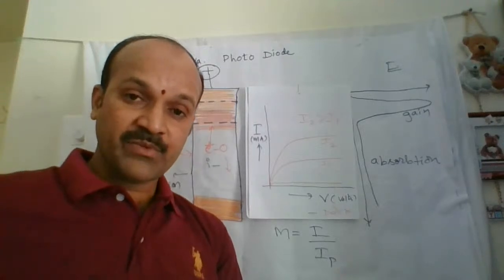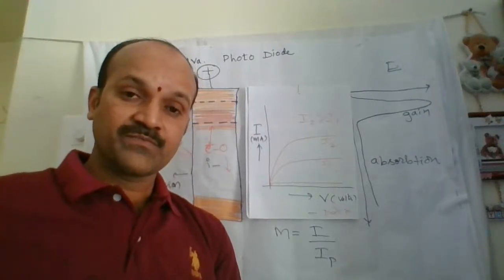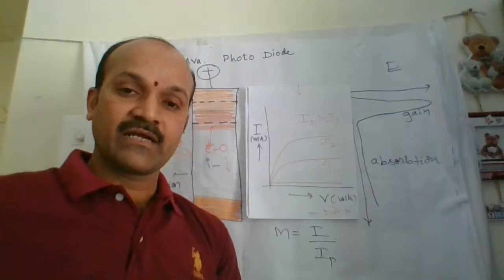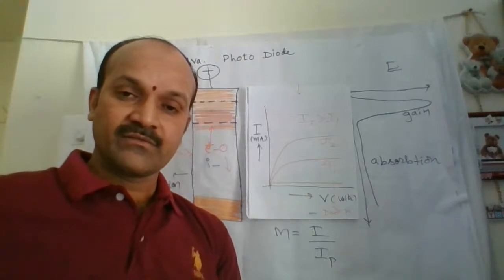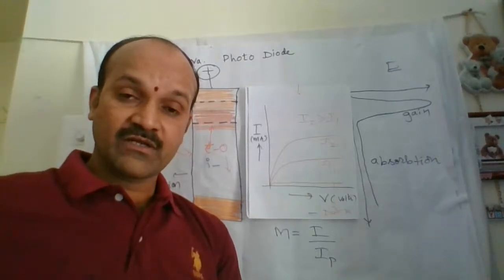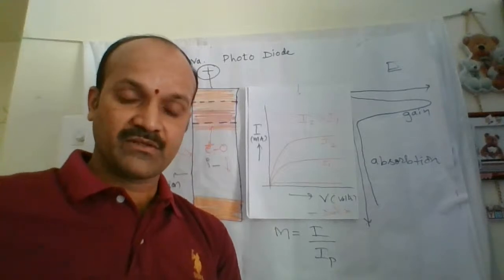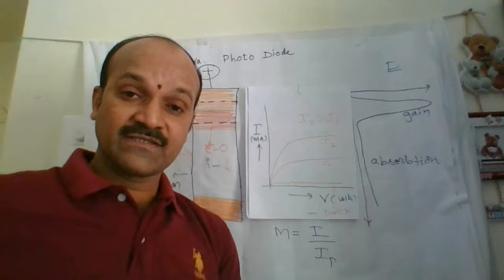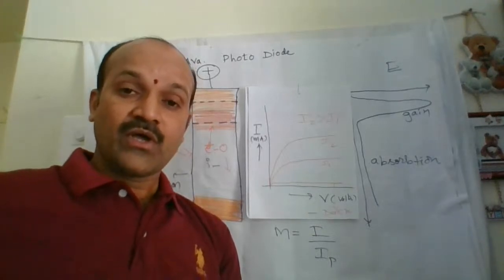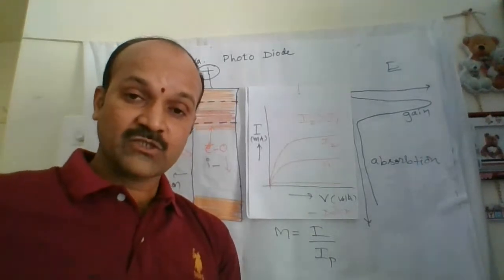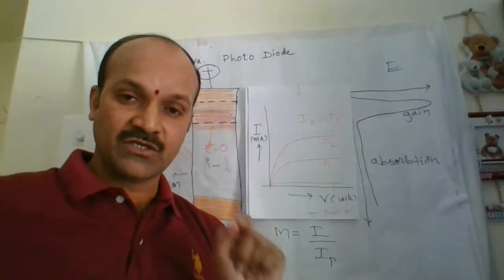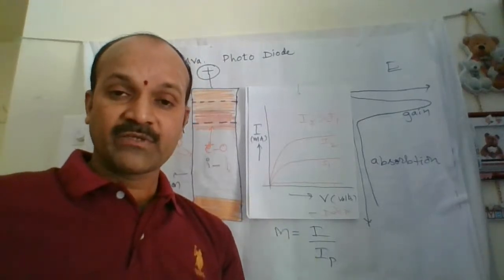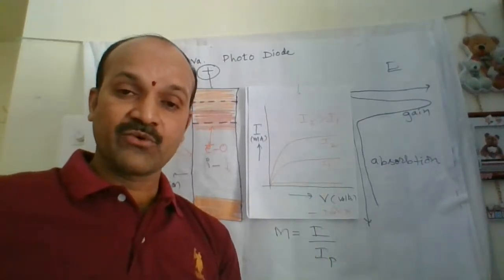What is the principle in the PIN diode? It converts optical signal into electrical signal. This is the basic principle. And what happens when light is incident on the PIN diode?